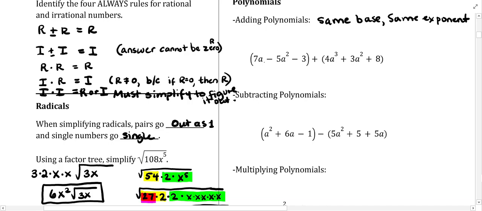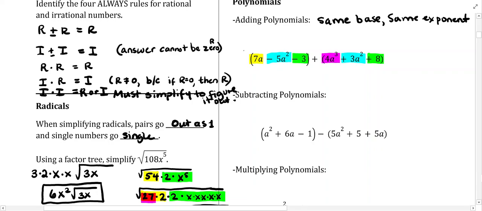Nobody else has an a, so this one is going to be by itself. The other one that we have is negative 5a squared. This is a cubed, this one is a squared, so those are like terms. Negative 3 is just a constant, and so is positive 8. And this one is by itself.